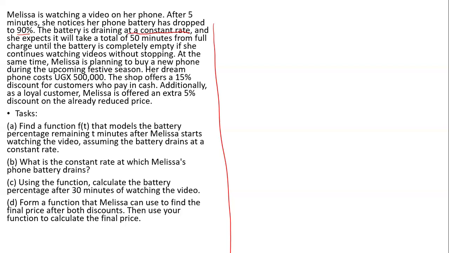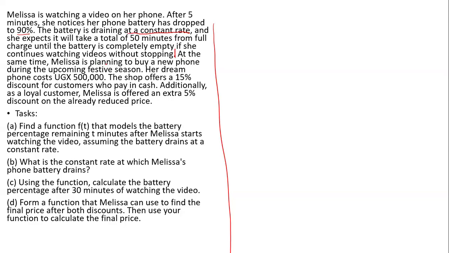That means that the rate at which everything is changing is the same. And she expects it will take a total of 50 minutes from full charge until the battery is completely empty if she continues watching the video without stopping. So this is without stopping here.